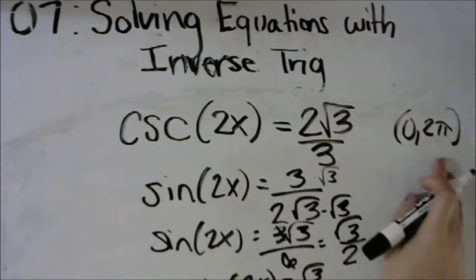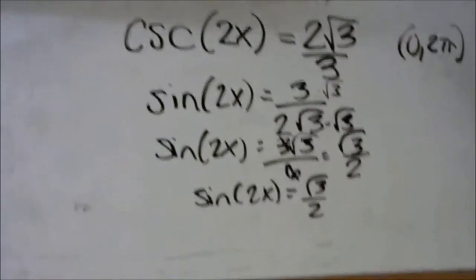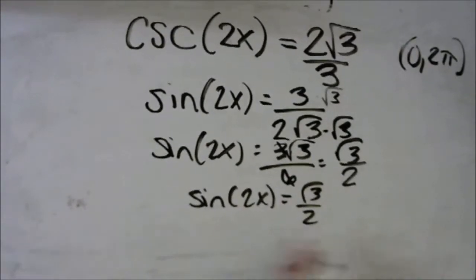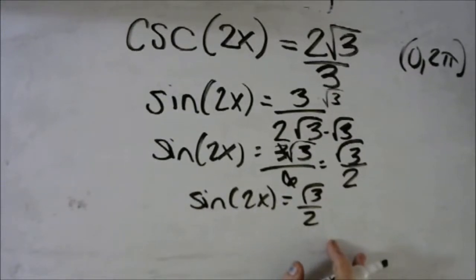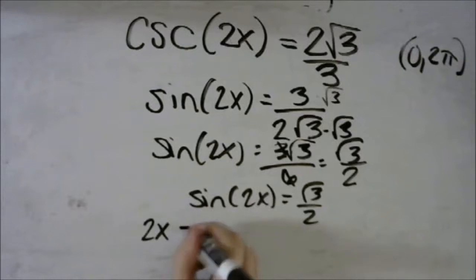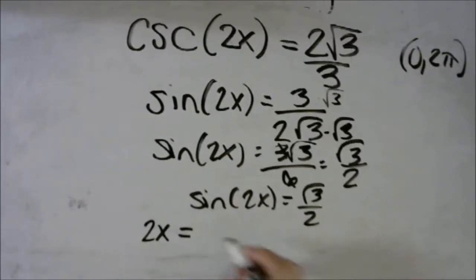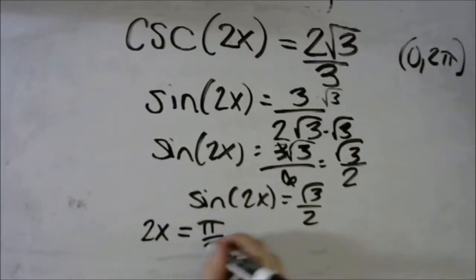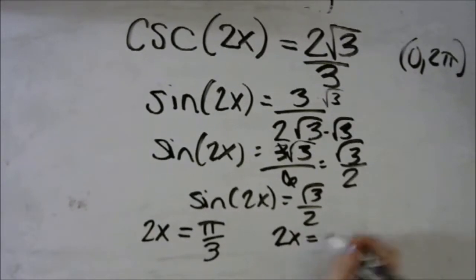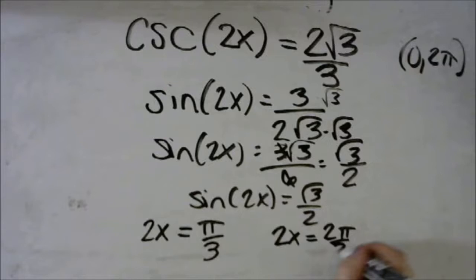And then because we're restricting ourselves from 0 to 2 pi exclusive, we're just going to be looking for angles on the unit circle where the sine value is rad 3 over 2. So that happens once in quadrant 1 at pi thirds, and once in quadrant 2 at 2 pi thirds.